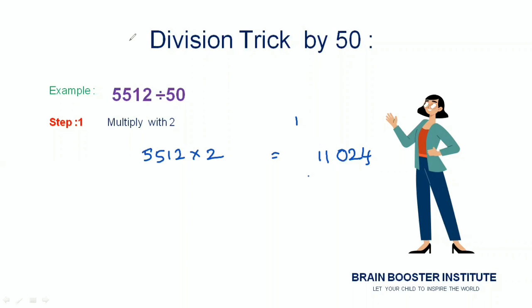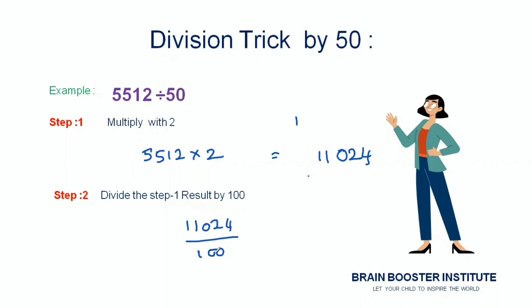Now, let's go with the second step here. Divide the step 1 result by 100. So the step 1 result is 11,024, divided by 100. As I told you, my dear friends, 11,024 is not a multiple of 100, so we can't divide evenly, but we get decimal fractions. As there are two zeros in the denominator, we need to place the decimal point before the two digits from the right side.